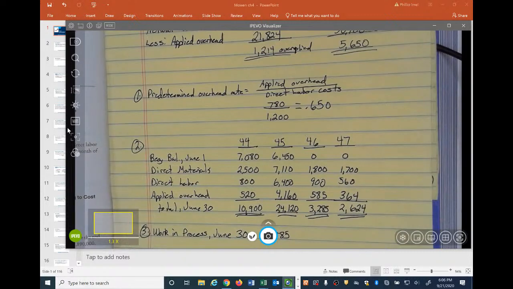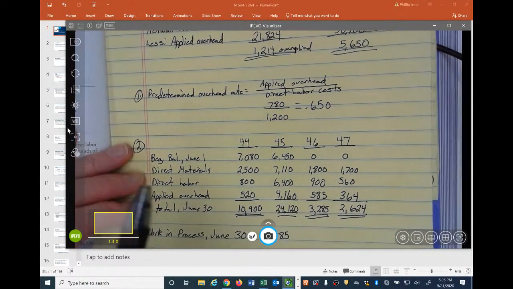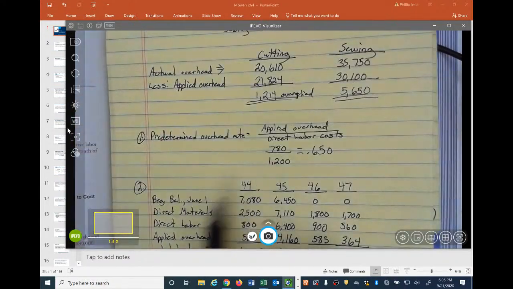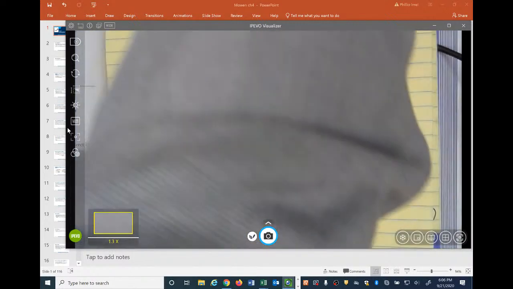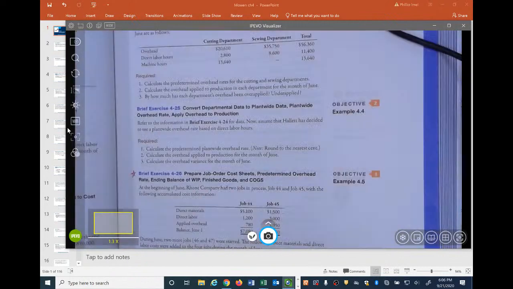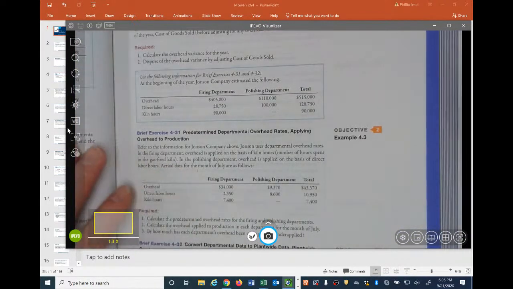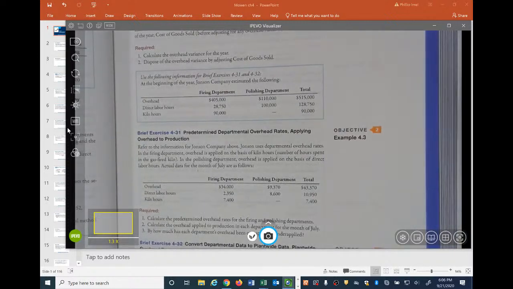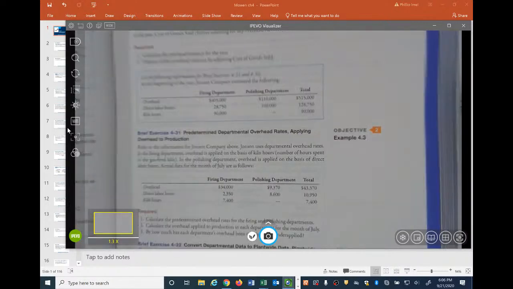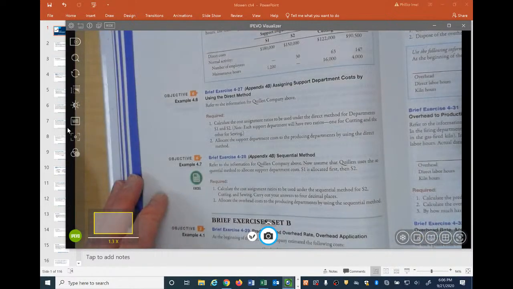Okay. We'll do one more and then we'll get out of here. That sound good? Okay, let's go to, let's see here. Just on the next page, brief exercise 427 on page 194. Again, I'll put it up on the thing here.